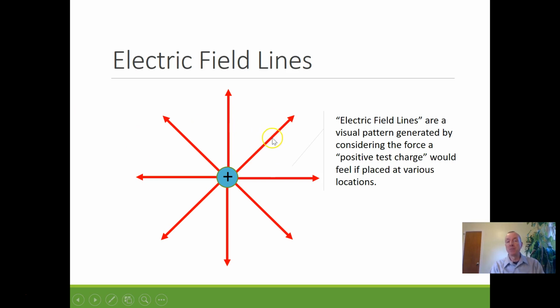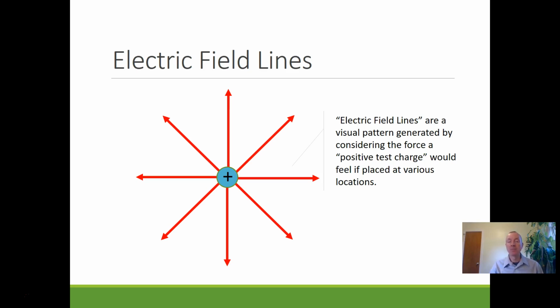So for example, if a test object is here and it's positive and here's the source charge, we would repel, right? If an object was placed here, repel, etc. That entire visual pattern is referred to as electric field lines, right? So the electric field is a quantity at a point. Electric field lines is a visual pattern just in our imagination.